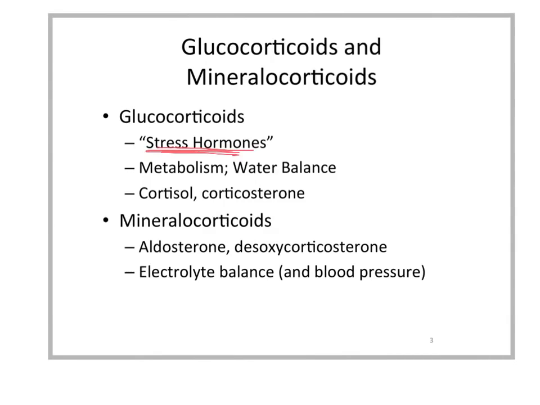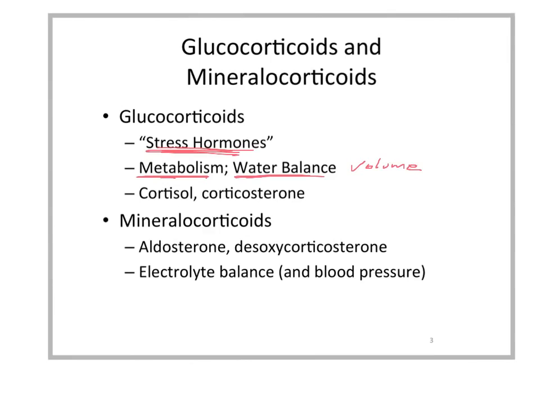But over general aspects of physiology, the glucocorticoid role is to sort of drive metabolism, and we'll talk about all of these in much greater detail later, and also to be involved in water balance, and mostly with regards to volume. So they're involved in keeping the volume within the extracellular fluid.